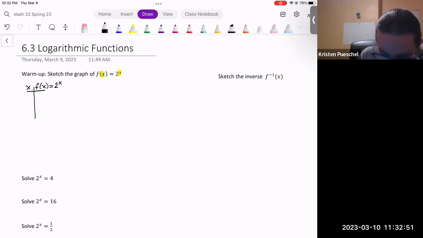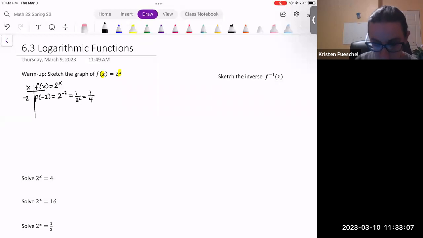So for example, if we look at x equals -2, we have f of -2 is 2 to the -2. So that's going to be equal to 1/4. So just take a moment, build yourself a sketch, and then we will reconvene.